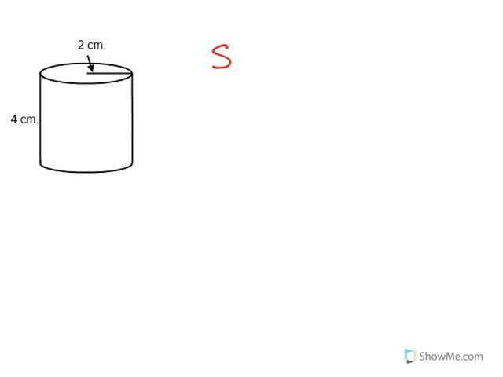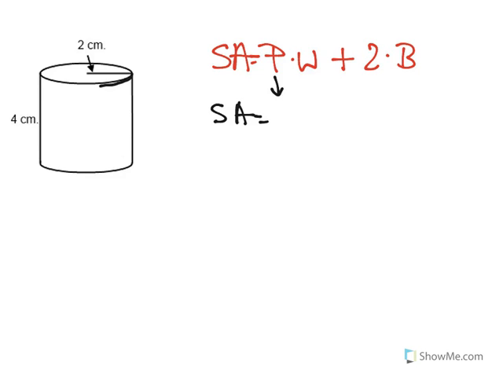I can apply this formula to a cylinder. Perimeter times width plus 2 times area of the base. Okay, perimeter. Perimeter of a circle is distance around my circle. Distance is circumference, okay, which is, you have a choice here. You can do diameter or radius.